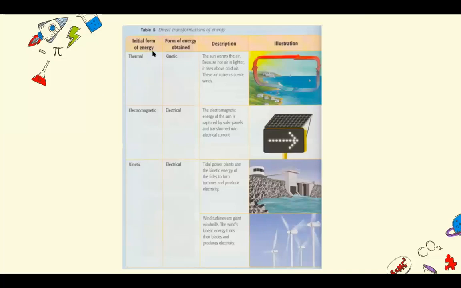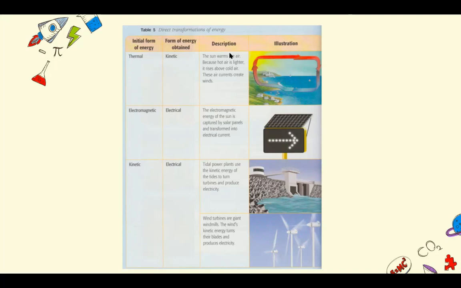So over here, this is straight out of your textbook. Again, this is showing you direct transformations of energy. That means you don't need an intermediate energy. There is not one converting to a middleman and then that middleman converting to the one that you need. So you have an initial form of energy, and the form of energy obtained, that's the final one.